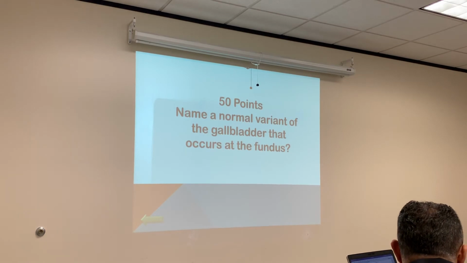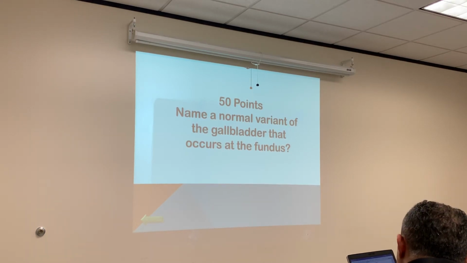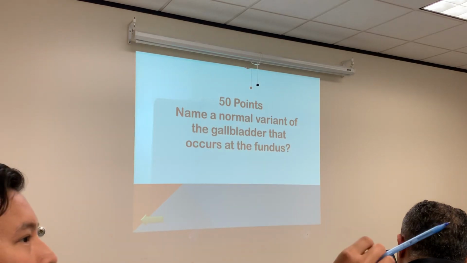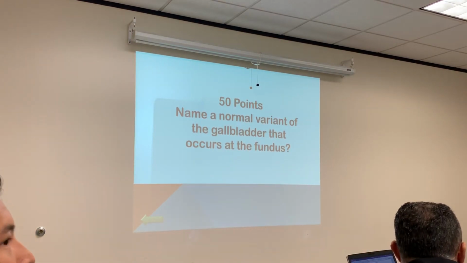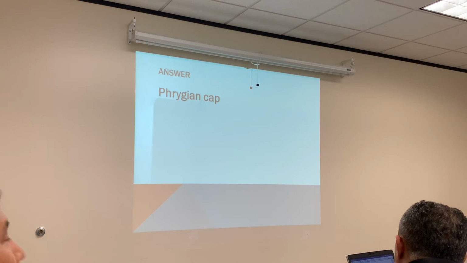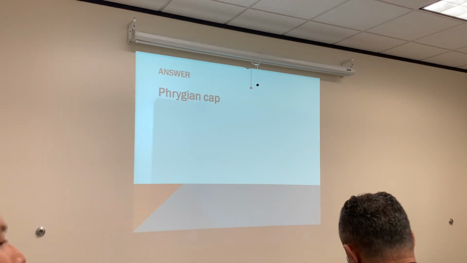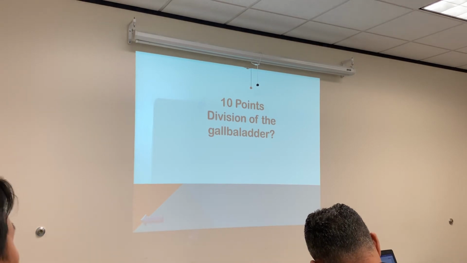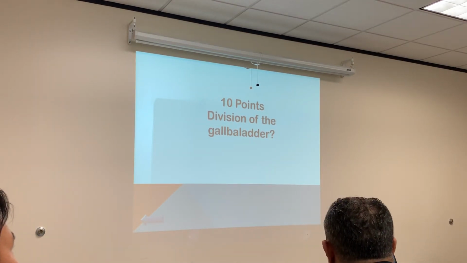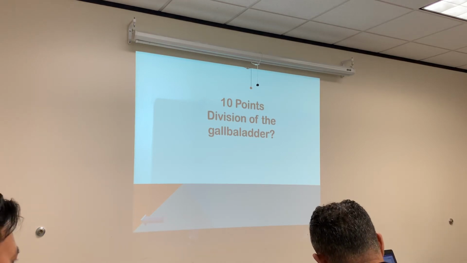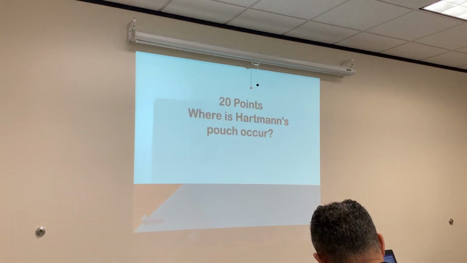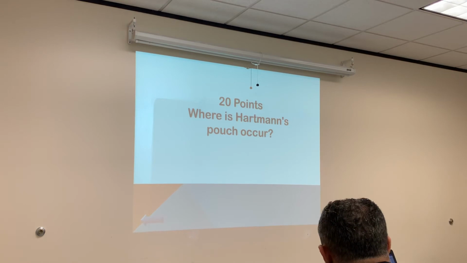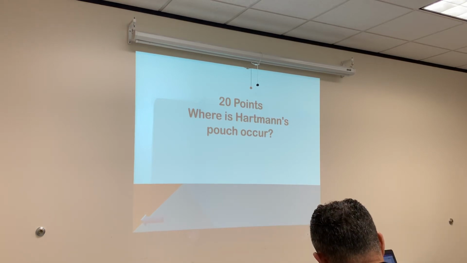Name a normal variant of the gallbladder that occurs at the fundus. Phrygian cap. What are the divisions of the gallbladder? Fundus, body, neck. Where is Hartmann's pouch located? At the neck.